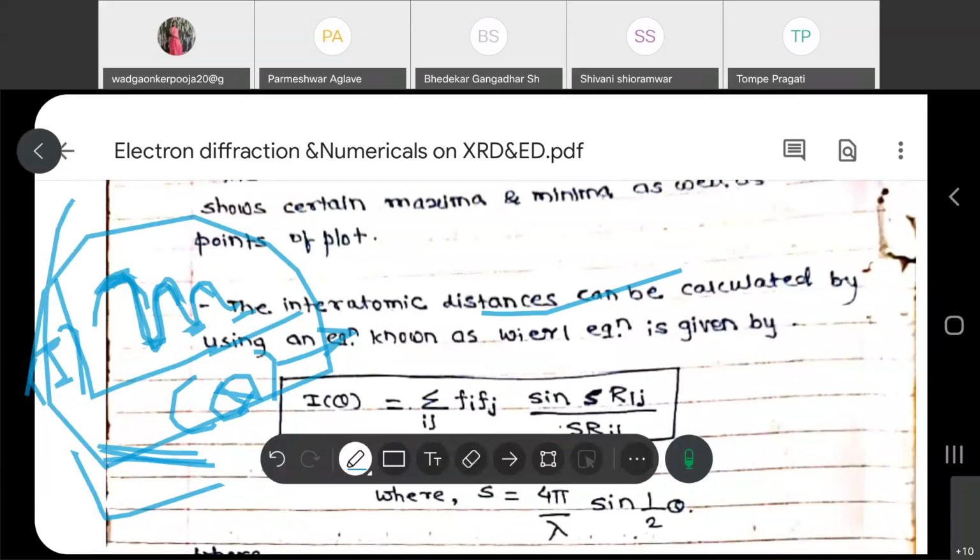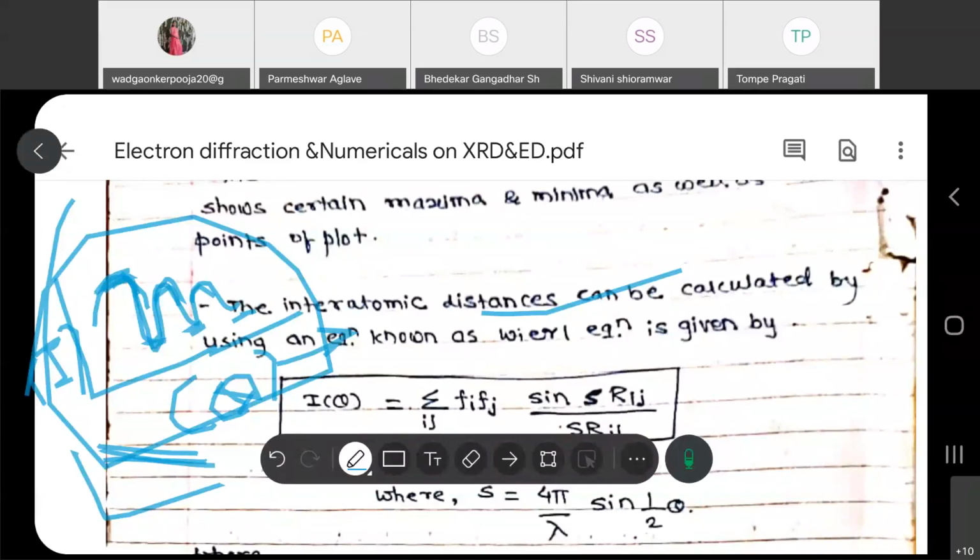Ma'am, how can we calculate the electron diffraction pattern, or what is the importance of electron diffraction, or how can we get the graphical representation of our photographic plate?